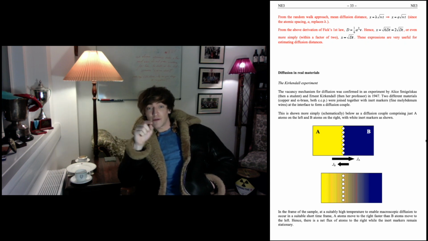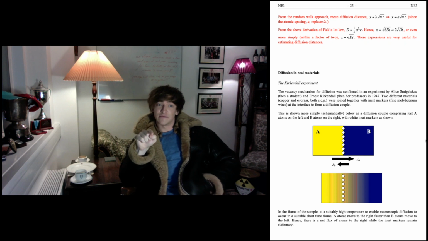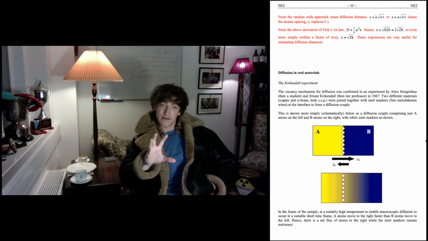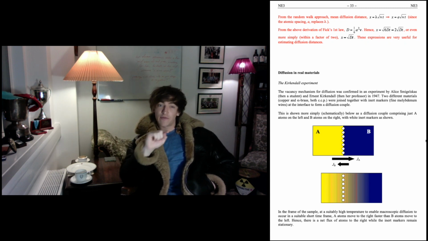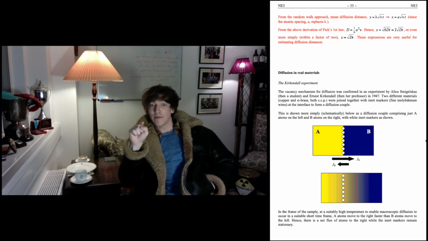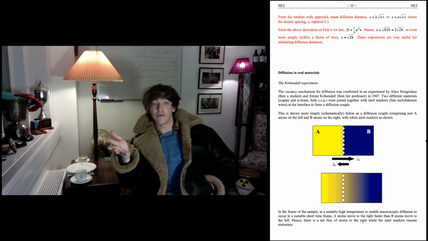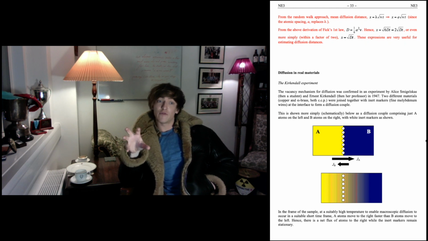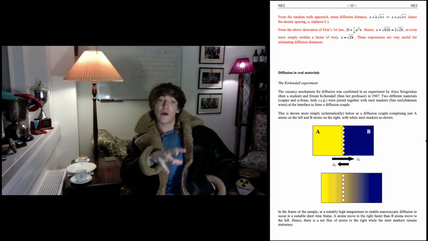Well, we can view this net flux of atoms from left to right as a flux of vacancies from right to left. As the equilibrium number of vacancies in A is low, but high in B, perhaps due to the lower melting point of B in comparison to A, that means that the vacancies tend to be created in B and will diffuse into A where they're destroyed.